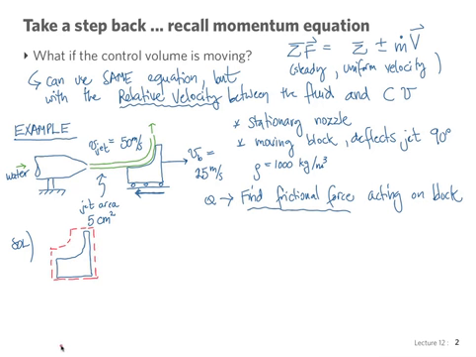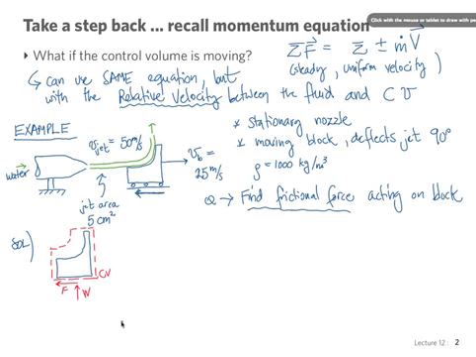Here's our control volume. And we have, of course, some forces here. We have the friction force, which is what we want to find. And we have a normal force, which opposes the weight there.